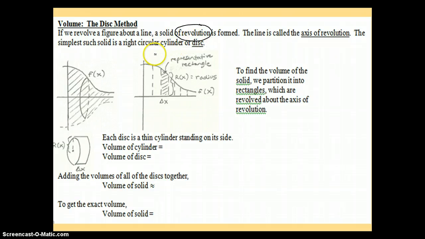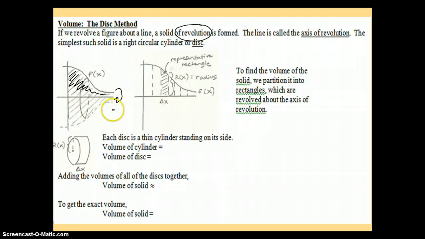When you look down at these figures that are created, we have a region of some sort that we are revolving around the x-axis in this case, but it could be any axis of revolution. If you took a slice out of this, it would be a circular slice.